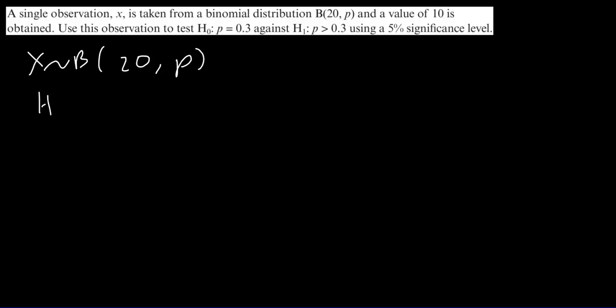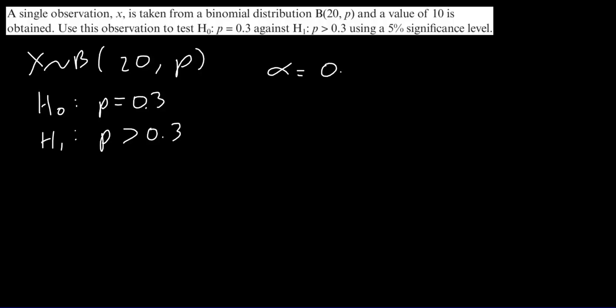Our H0 is that p is equal to 0.3, and our H1 is that p is greater than 0.3. Our significance level here is 0.05, and our observed number of successes is equal to 10, because it says in the question a value of 10 is obtained.